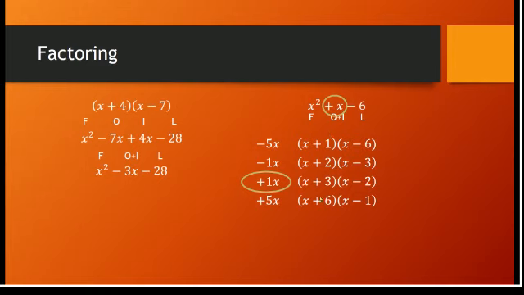So my correct factorization will be x plus 3 times x minus 2. Basically, you're looking for two numbers that multiply to negative 6 and add to positive 1, because when we see a trinomial, the end is a product and the middle is a sum. So multiply to negative 6, add to positive 1, and that's why 3 and negative 2 are the correct answers here.